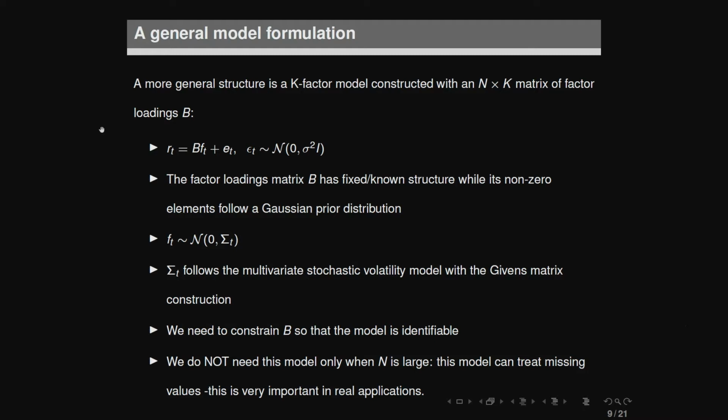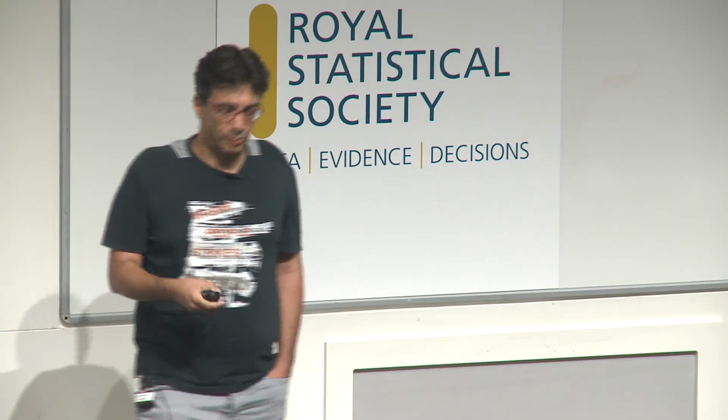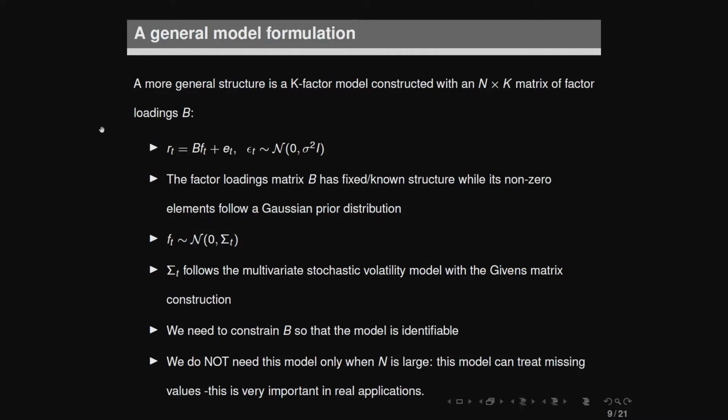Usually, the correlation in R is imposed through B, so it's static. It only depends on how f of t varies, and f of t are usually considered to be independent. If I use my previous multivariate stochastic volatility model formulation, I can extend this to a model where the factors f follow a multivariate stochastic volatility. So they are correlated, and the actual correlation in R of t comes not only through the factor loadings B, but also through the correlations of f of t.